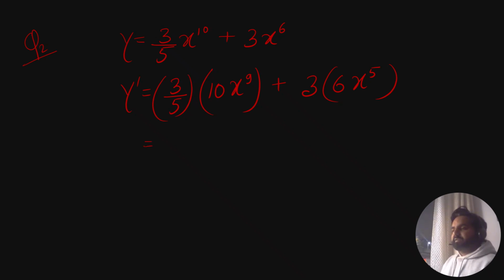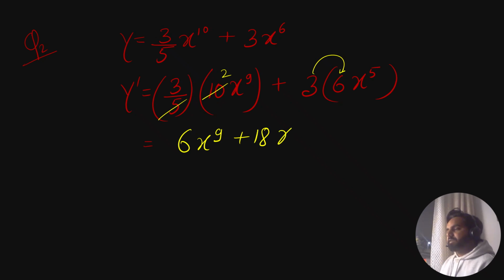If you want, you can simplify it further. Now what you will see here is this and this cancel by 2, which gives 6x to the power 9, and 3 multiplied by 6 is your 18 x to the power 5. So this would be your final answer.